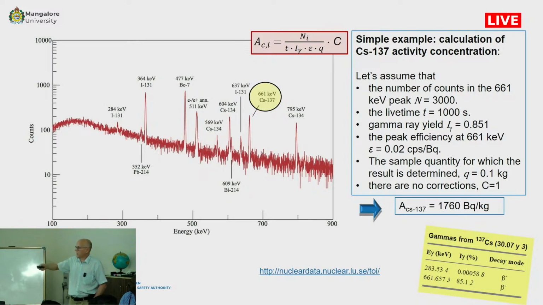I will explain this later. And the sample quantity, this one Q, let's assume it's 0.1 kilogram, 100 grams. And let's assume that there are no corrections. I hope I calculated this correctly. But the result is this, if you substitute these things into this equation. Not a very complex issue, basically.